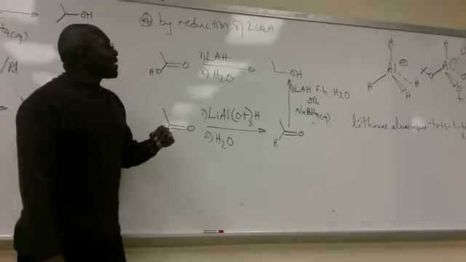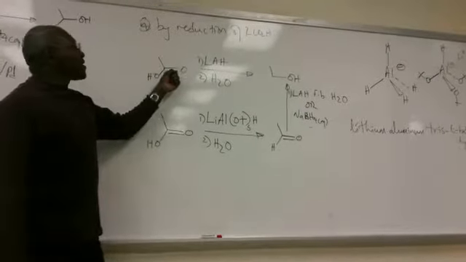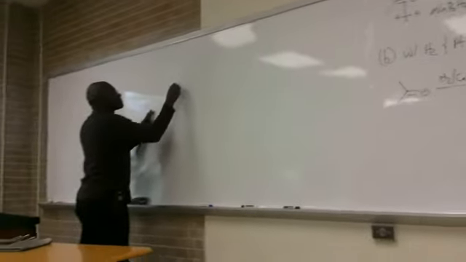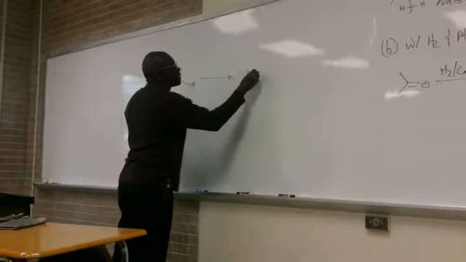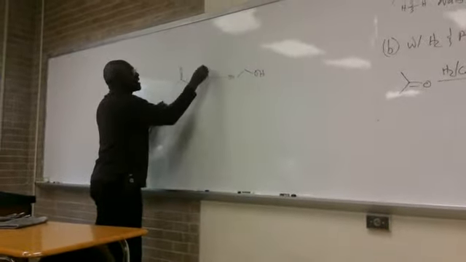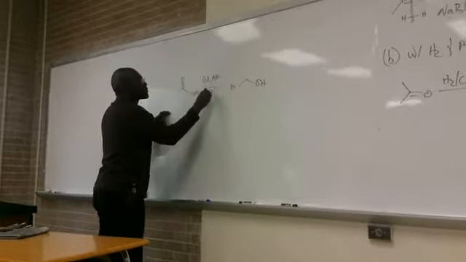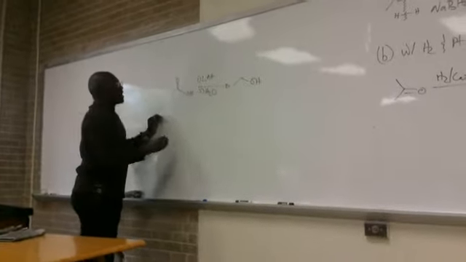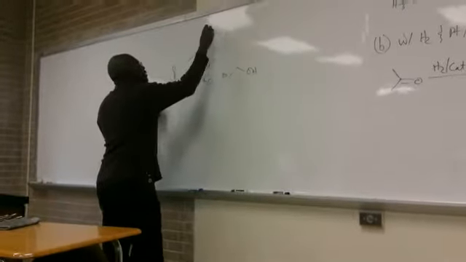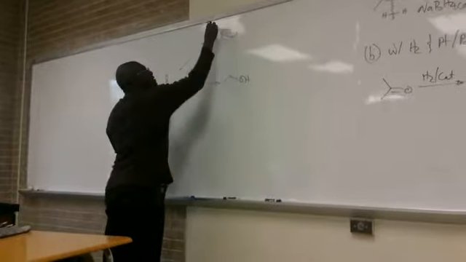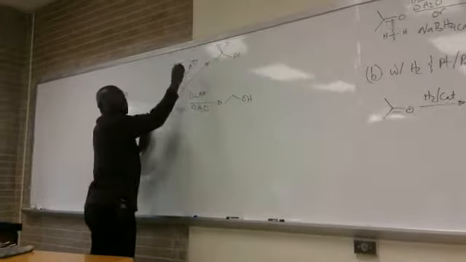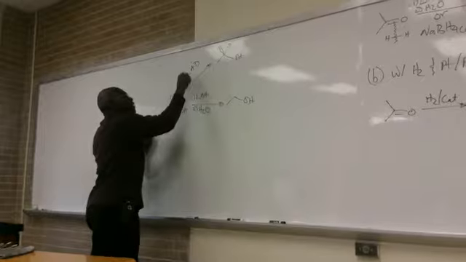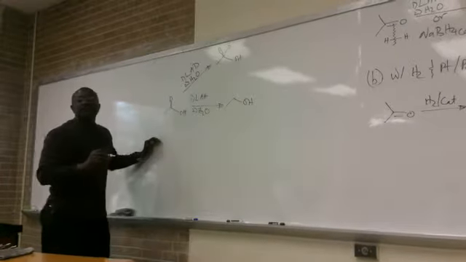So, for example, if I want to convert acetic acid into ethanol, I could easily use LAH followed by water. Not a problem. If I want to convert it into this alcohol, I would use LAD, lithium aluminum deuteride, followed by water. Not a problem.